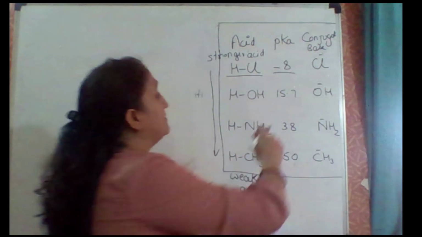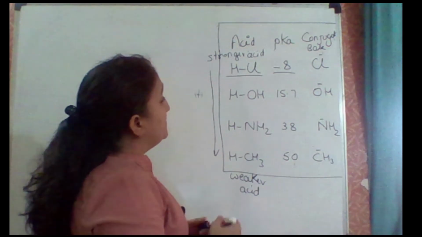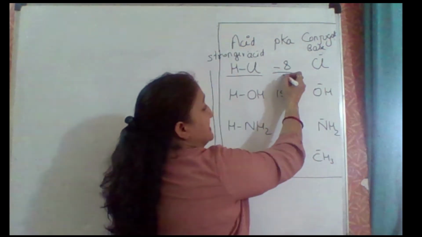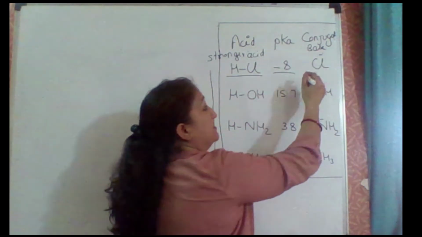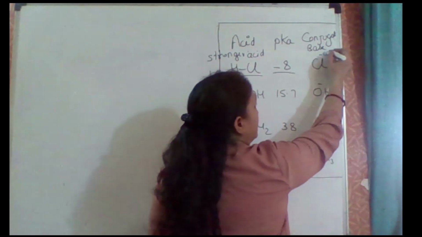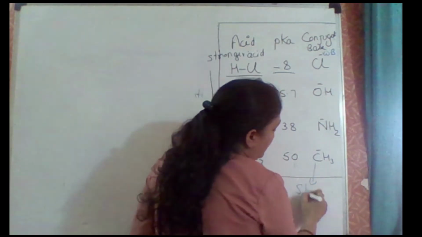At the same time, let's take a look at the conjugate base. Lesser is the value of pKa, weaker is the base. Always remember. So on top we have the weakest base, WB I am writing, and at the bottom we have the stronger base.